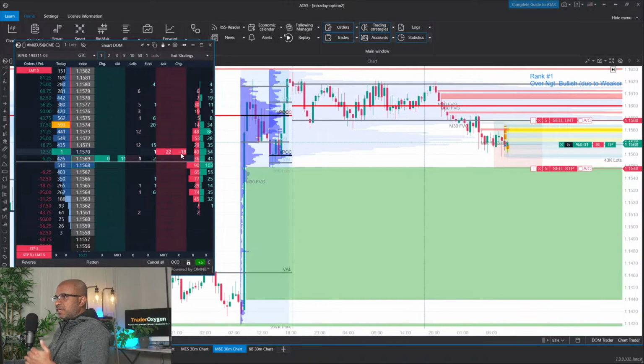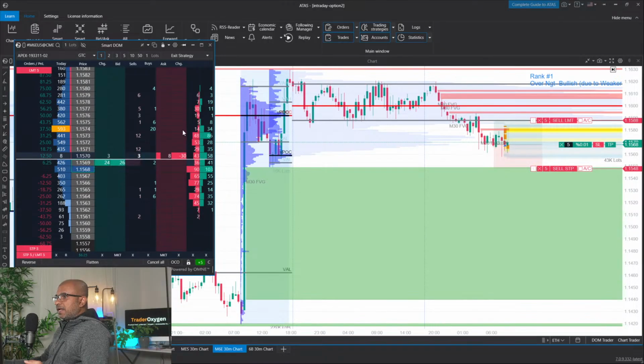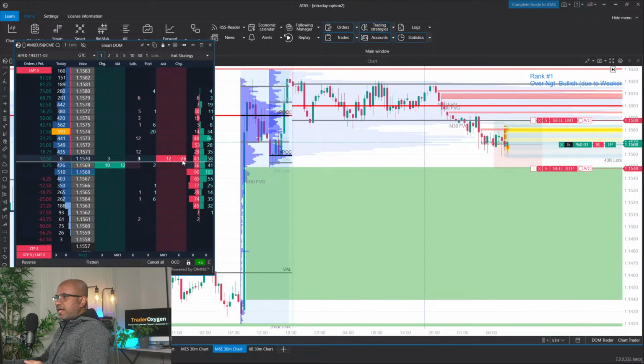The bid values are increasing and there is a positive change in the bids, and a negative change in the ask. That means sellers are backing down and buyers are coming up. So the buyers are pushing the price up.